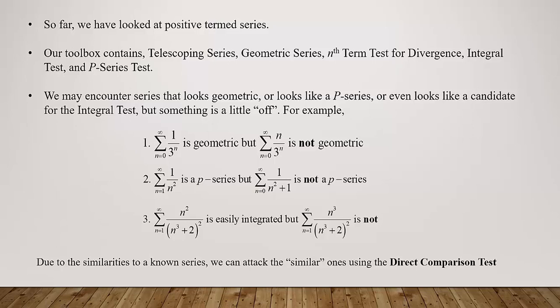So due to those similarities to a known series, we can attack these similar ones using what is called the direct comparison test. Well, I'd like to say direct comparison test, limit comparison test. These are a couple of my favorite tests. They're actually all my favorite tests. I just think this material is pretty cool.